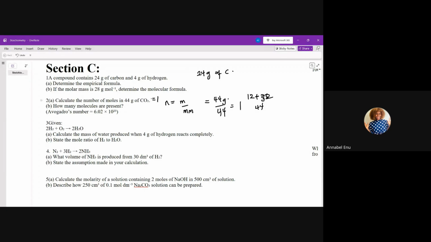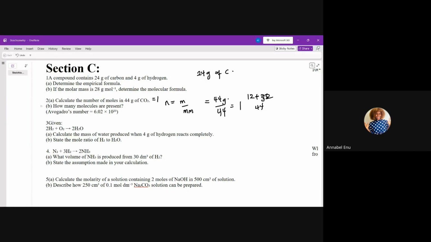So how many molecules are present? What they're asking now is, how many molecules are present in 1 mole of CO2? What do you think? Someone should tell us the answer. We know the number of moles, the amount, is 1.